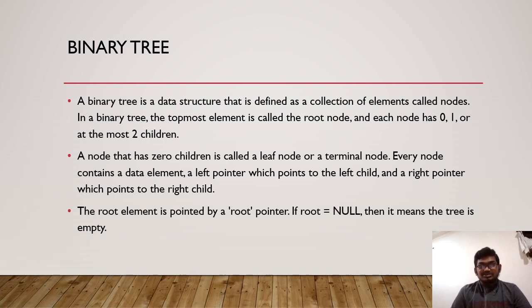A node that has 0 children is called a leaf node or a terminal node. Every node contains a data element, a left pointer which points to the left child, and a right pointer which points to the right child. The root element is pointed to by a root pointer. If root equals null, that means the tree is empty.